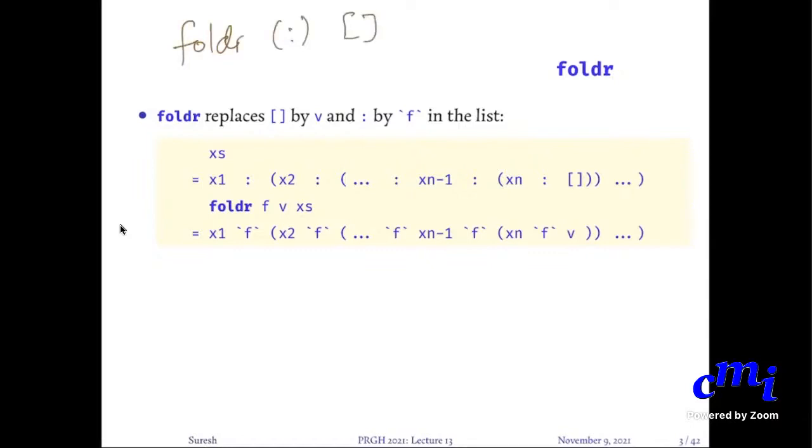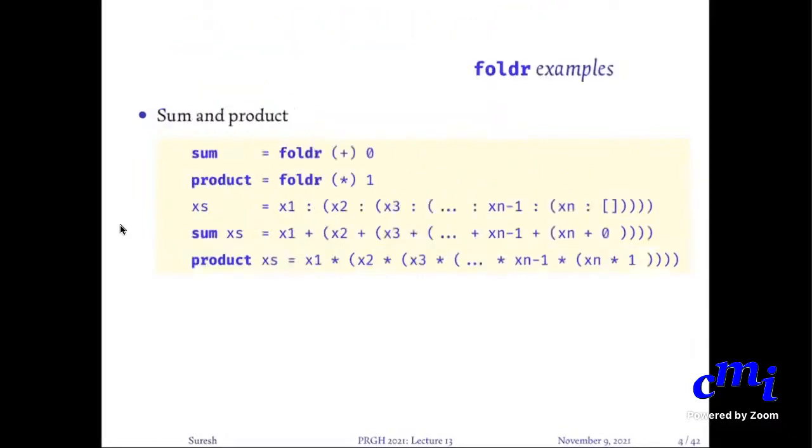These are your initial values. So foldr colon empty list is nothing but id, the identity function on lists. Okay, good. So this is fold right.